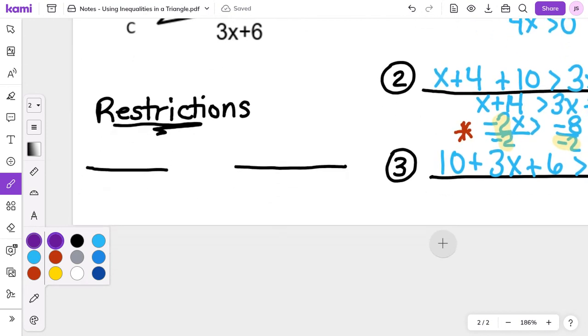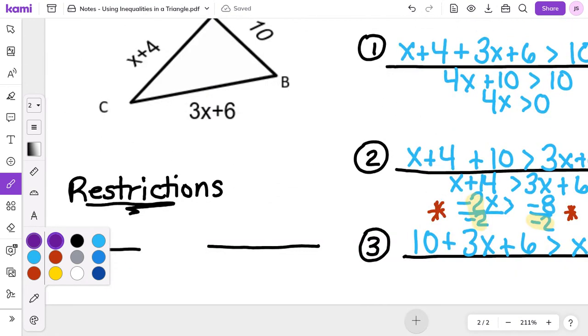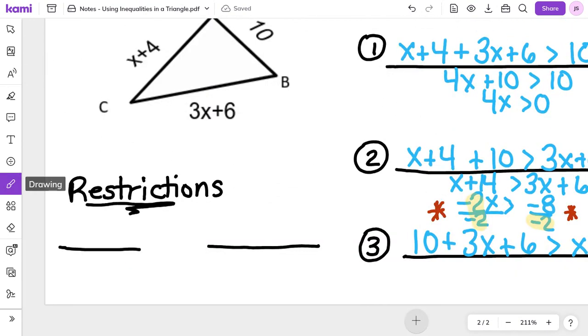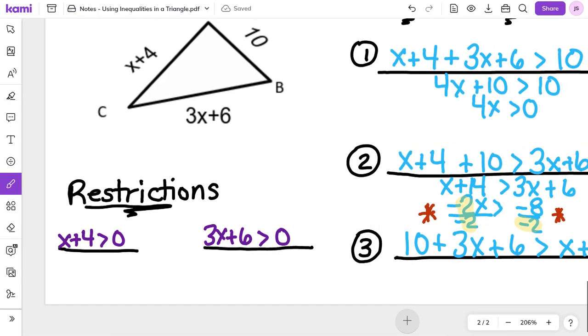So we want to state that x plus 4 must be greater than 0, and 3x plus 6 must also be greater than 0. If we solve each of those, we have x is greater than negative 4, and then x is greater than negative 2 would be the last one there.